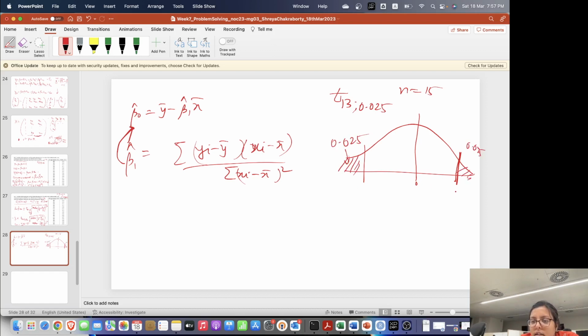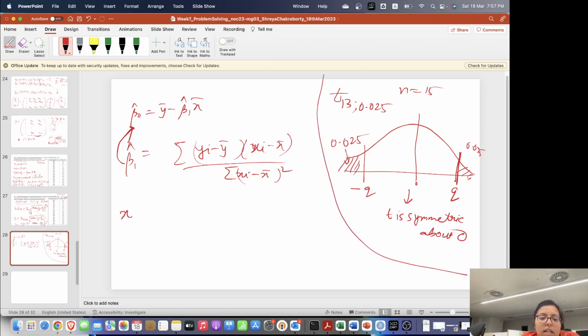If this is some point q, this will be minus q because t is symmetric about 0. So this one we have to find out from the t table, and x bar we can find out from this here.